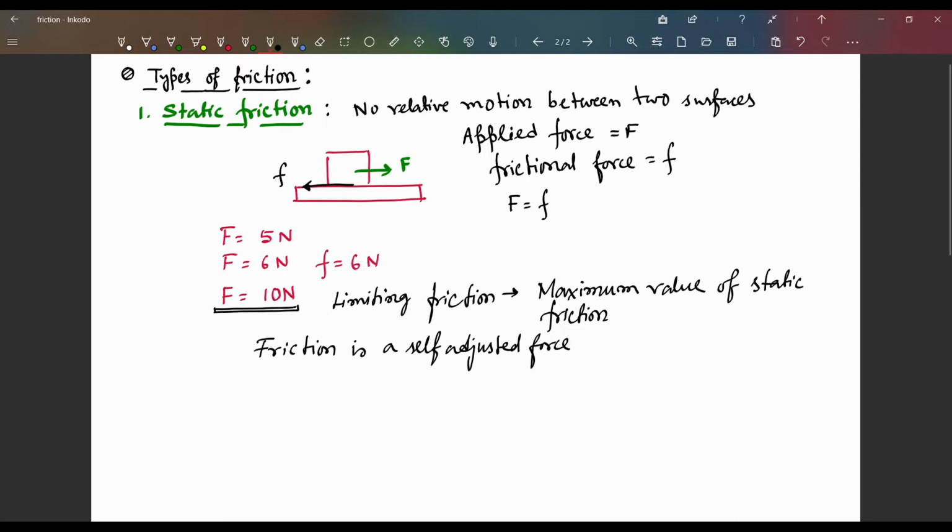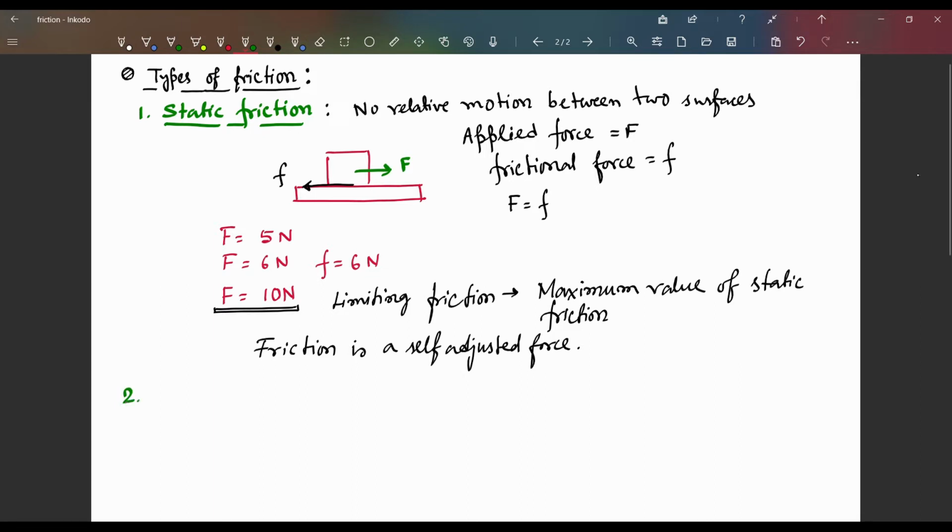When the force increases up to the limiting friction, the frictional force also gradually increases, and as the body remains at rest, there is no unbalanced force, so the frictional force is equal to the applied force. For that reason, friction is a self-adjusted force.